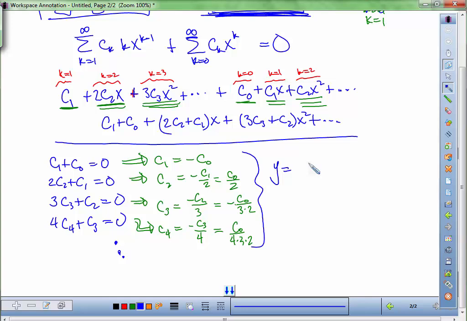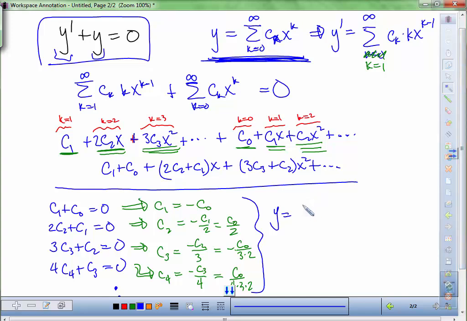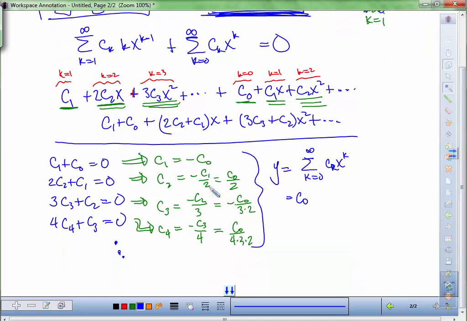All right. So negative C naught. Sorry. Your power series starts with 0. So your power series actually starts with C naught. Right? And from here, I suppose I should have written it here.